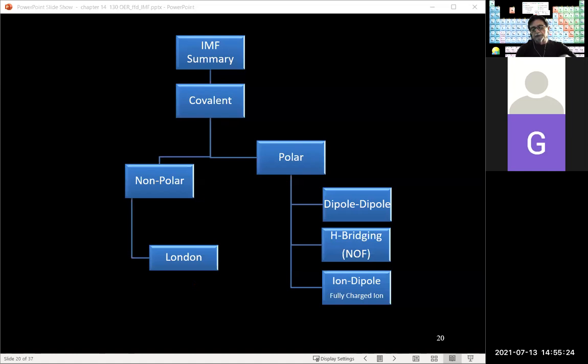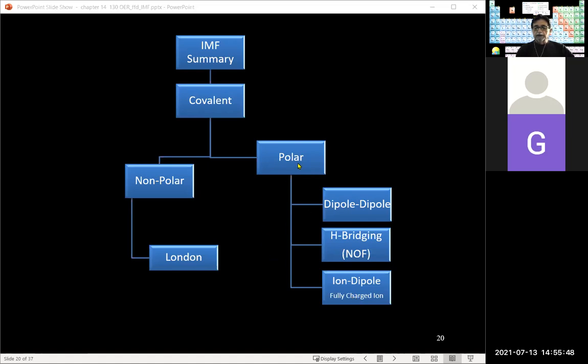This flow chart helps you summarize the IMF interactions. If it's covalent and nonpolar, you go directly to London forces, no questions asked. If we're dealing with an ion in there, then it's going to be ion-dipole interaction.